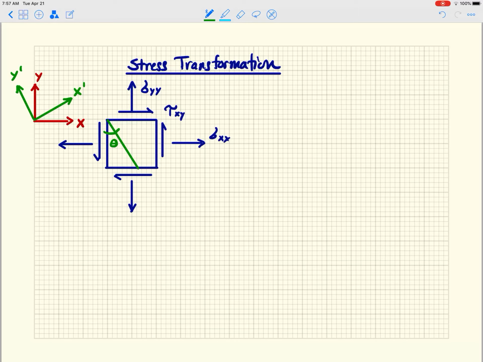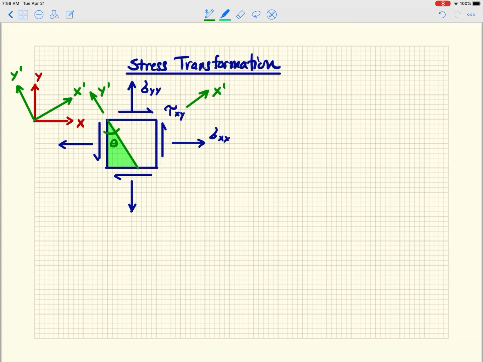And now my y prime is along that cut, and my x prime is perpendicular to that cut. So it looks something like this. And what I'm going to try to do here is highlight what is staying. So I'm getting rid of everything except this little triangle.